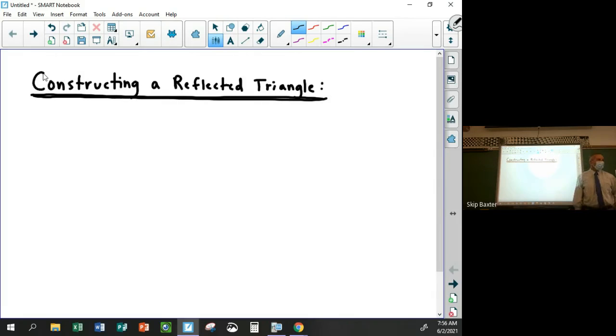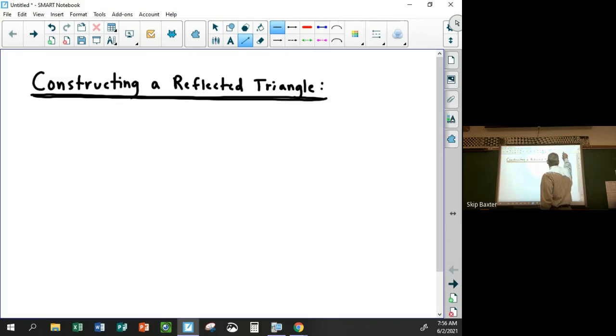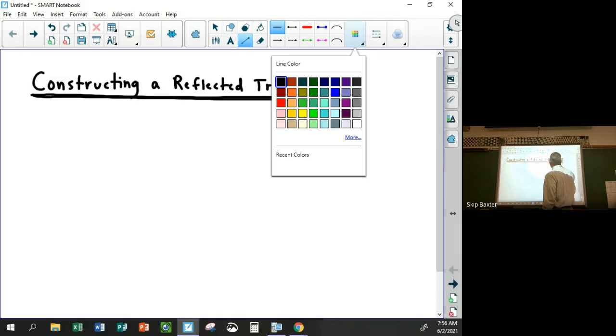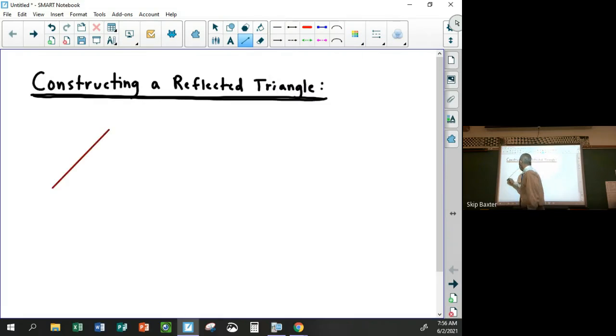For these problems, they're going to give you a triangle and then a line to reflect over, and you just have to construct the reflected triangle, the image triangle. So for example, let's make the original triangle.